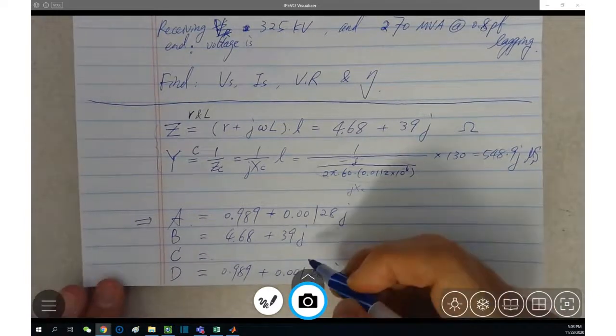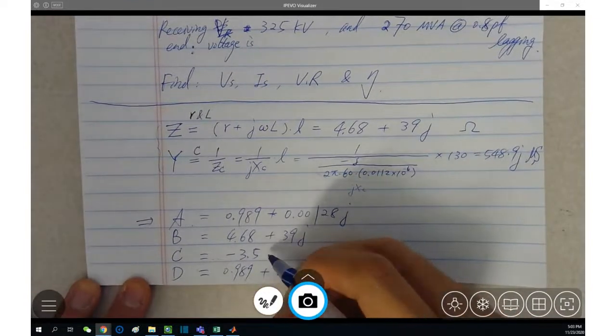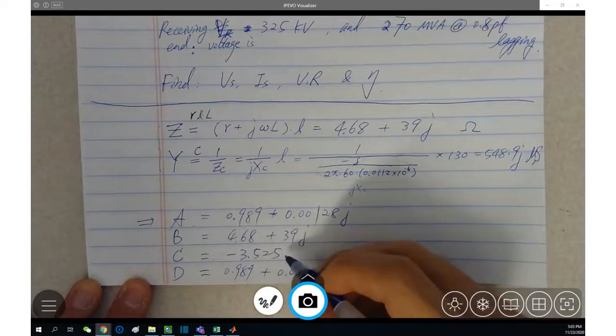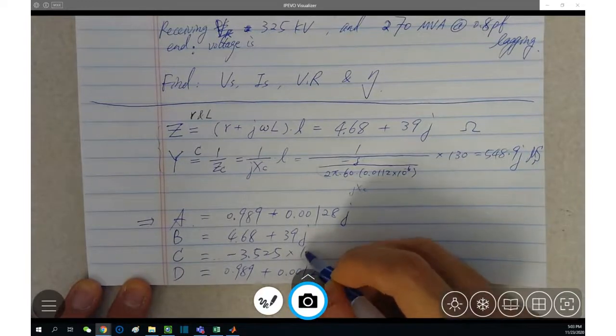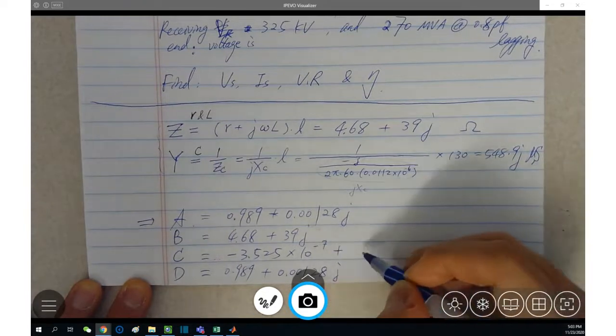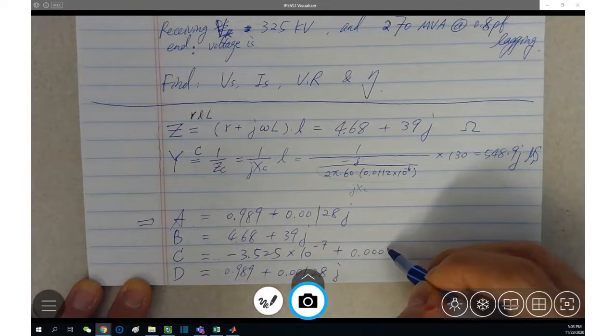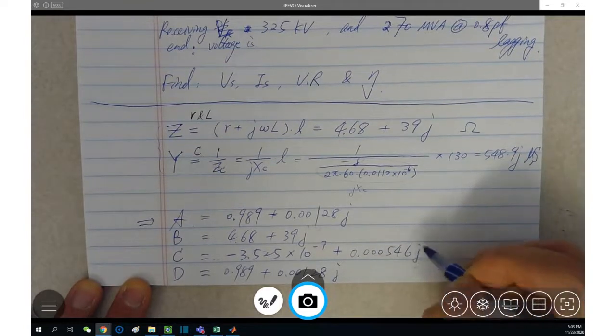It's just equal to this: 93.525 times 10 to the negative 7 plus j0.00056.